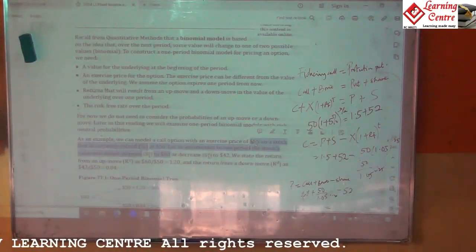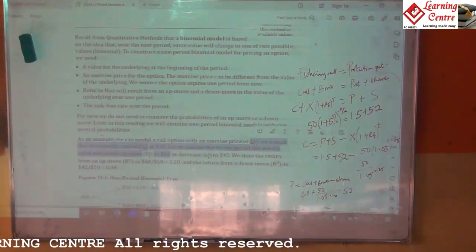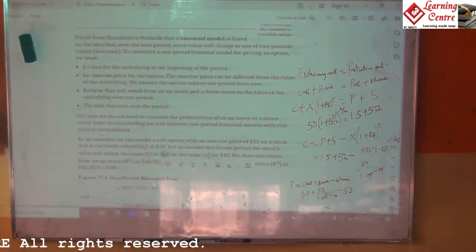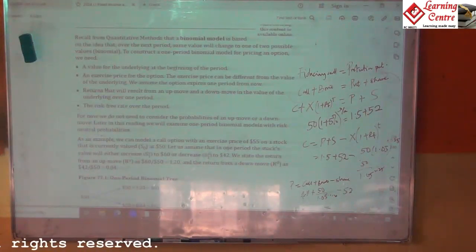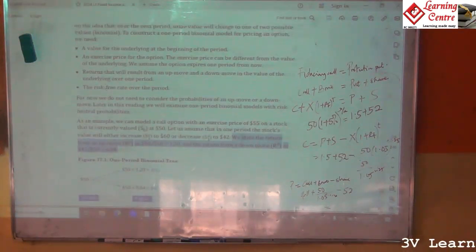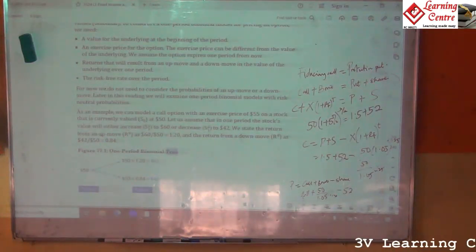It's in the money because I can buy at 55 something that is sold at $60. Very good. So we state the return from an up move as this and a down move as this. So what does that mean? So now we are putting a bit of numbers to what we are talking about.